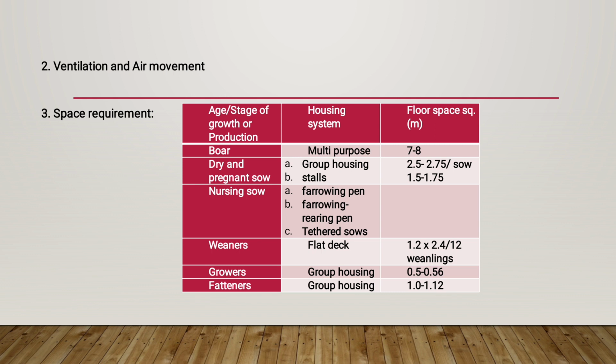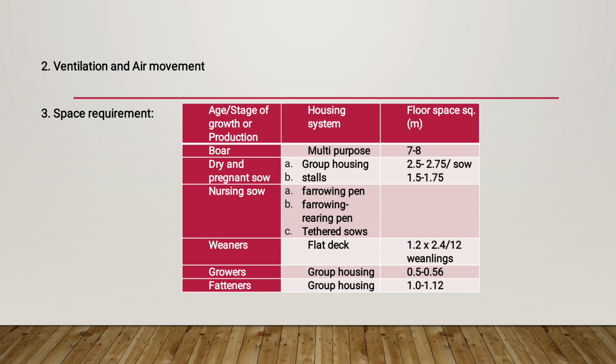And for nursing sow, when we say nursing sow, sila yung mga nagpapa-dede na mga sow natin o na mga inahin natin. So, farrowing pen, farrowing rearing pen, and tethered sow. So, ang gagawin na lang natin, i-add na lang natin yung space requirement ng pregnant sow at saka ng weaners.